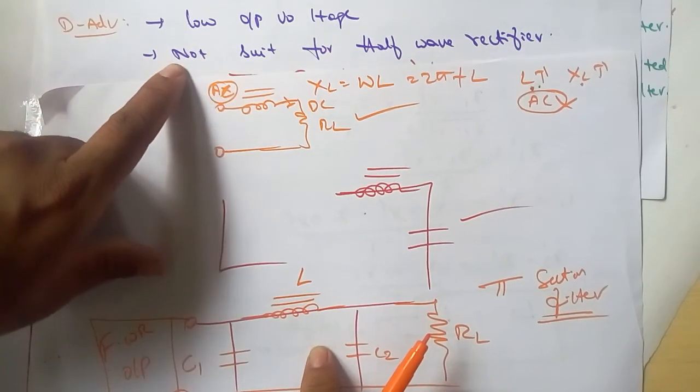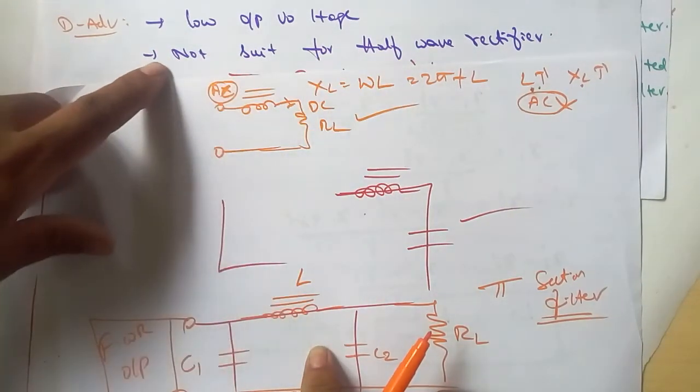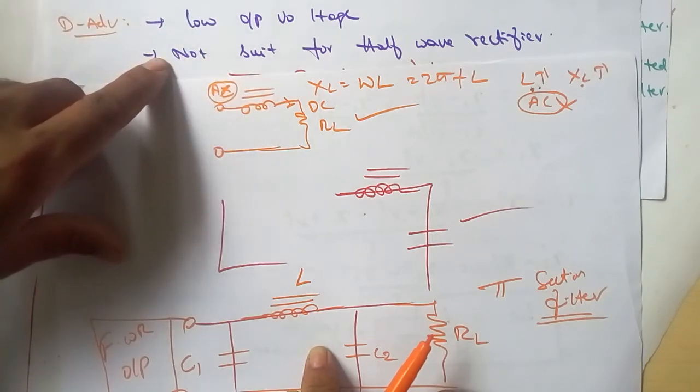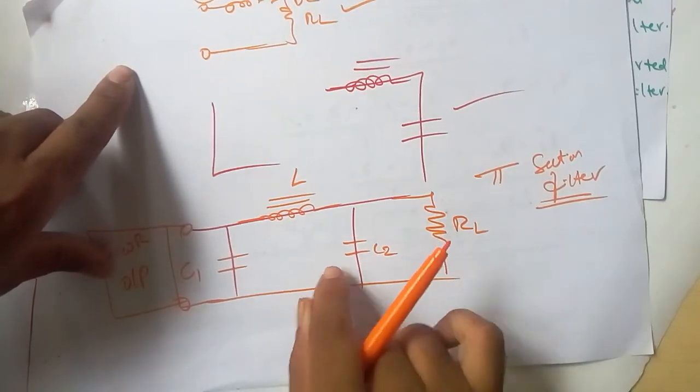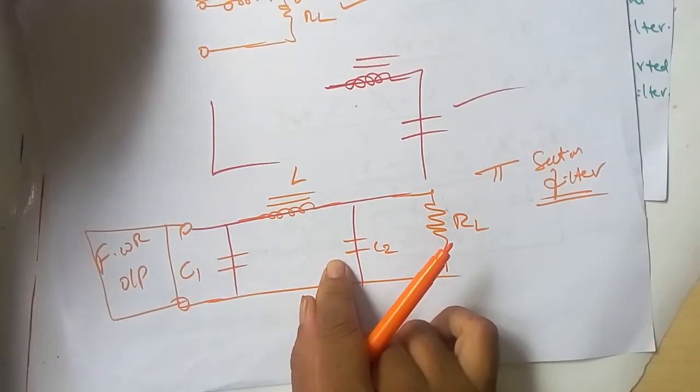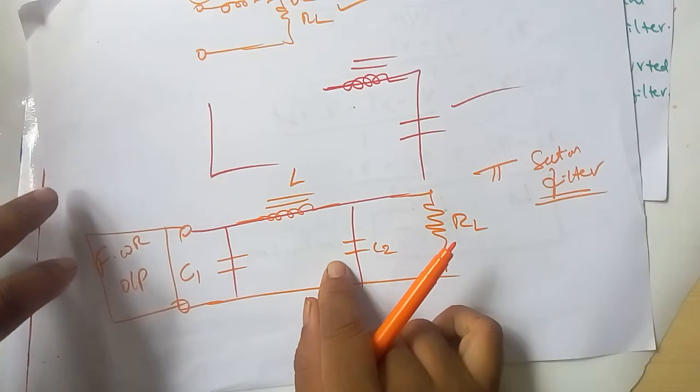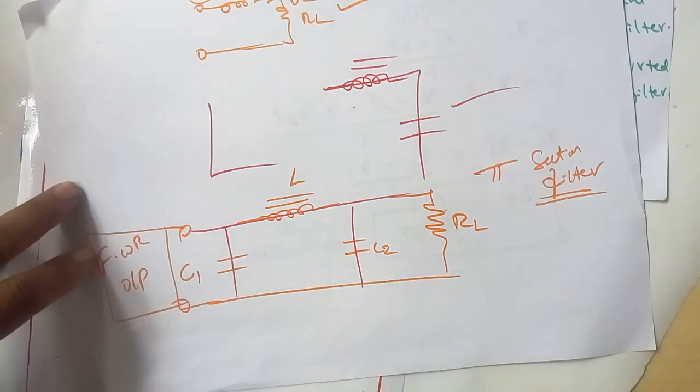The second one is that the L section filter is not suitable for the half wave rectifier, but this is suitable for both half wave and full wave rectifiers.